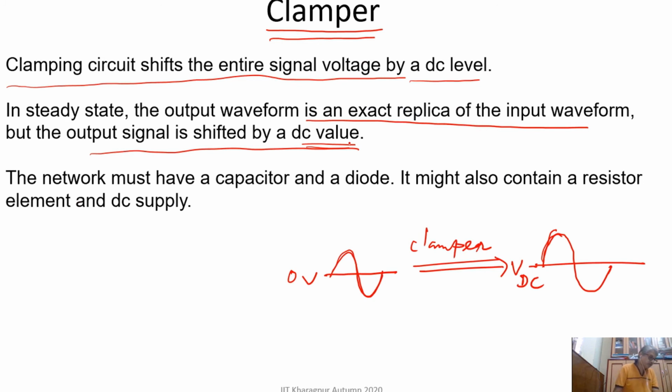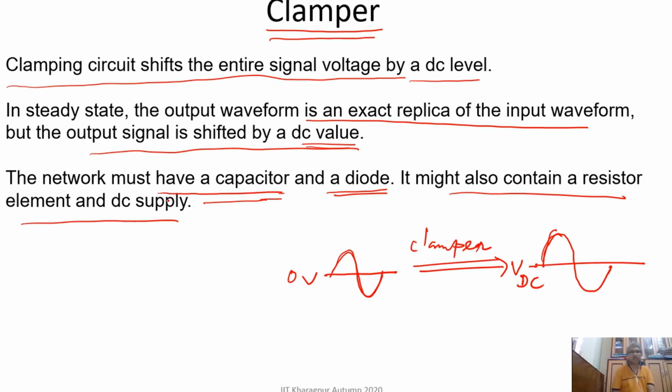That is important. And how can we realize this kind of circuit? We can realize this circuit by using a capacitor and a diode. The capacitor is the heart of the circuit, so we need a capacitor and a diode. Of course, you can use additional resistors and an additional DC supply depending on your requirement.